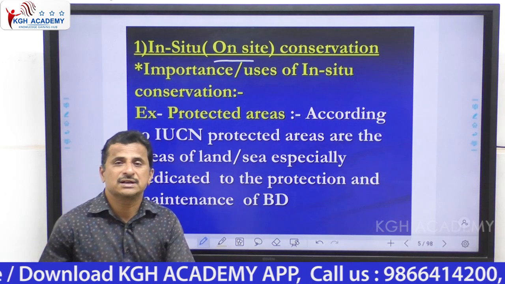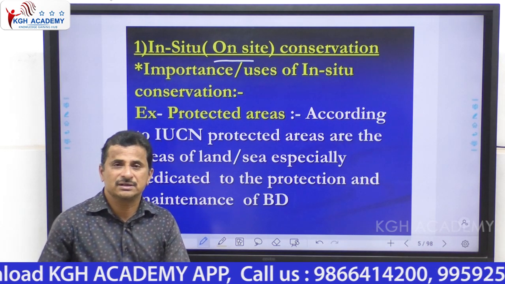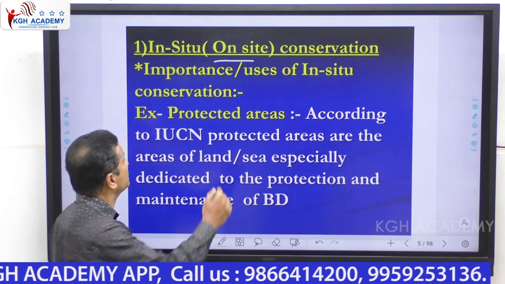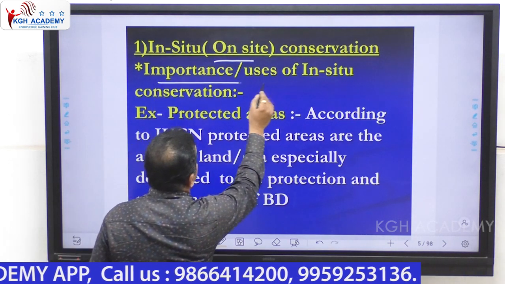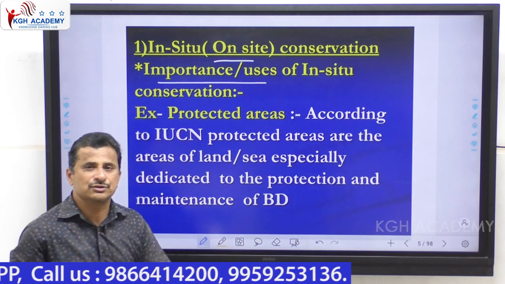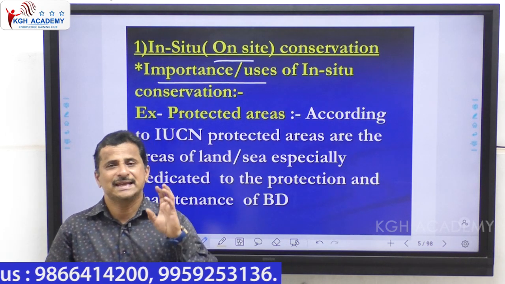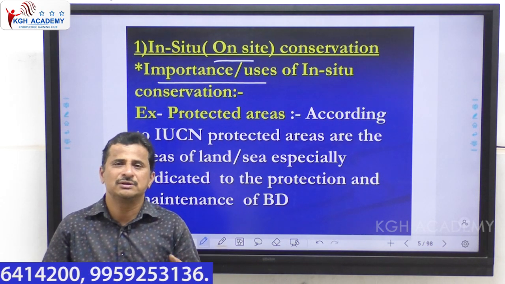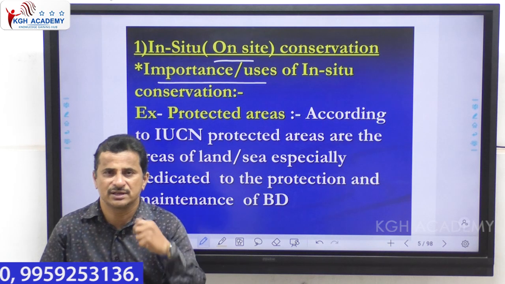Compared to ex-situ conservation, in-situ conservation has more advantages, so here I am highlighting the importance and uses of in-situ conservation. In case in-situ conservation is not possible, the next option is ex-situ conservation.